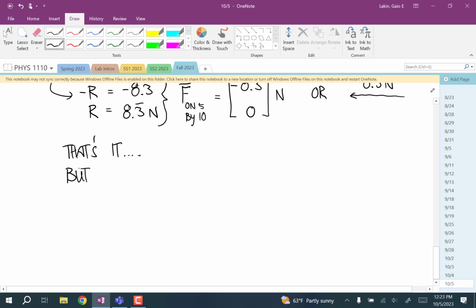But what if instead of isolating the 5 kilogram cart, we isolated the 10 kilogram cart? It seems like a weird choice to make, but could we get the same answer? Yes, we can. And I want to show you that you can do that because in some cases, that's the better way to go. Okay, and we'll get to some examples like that.